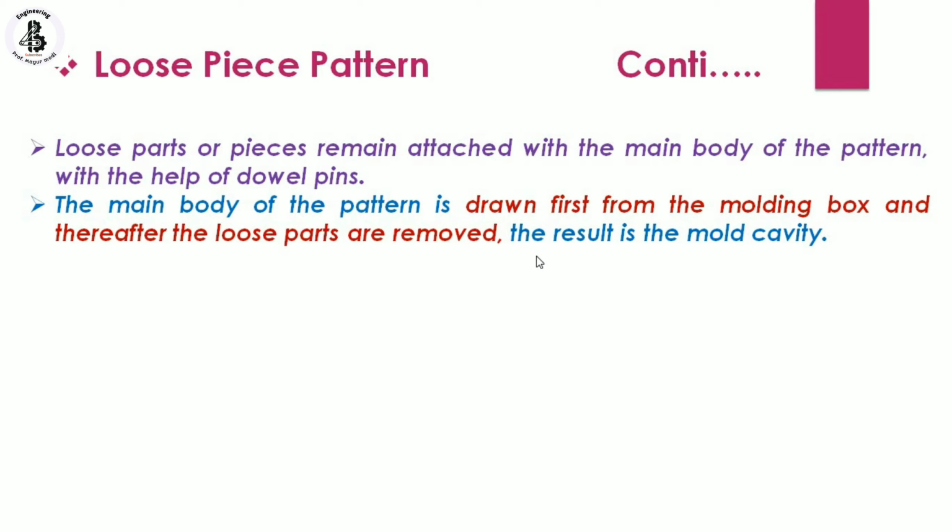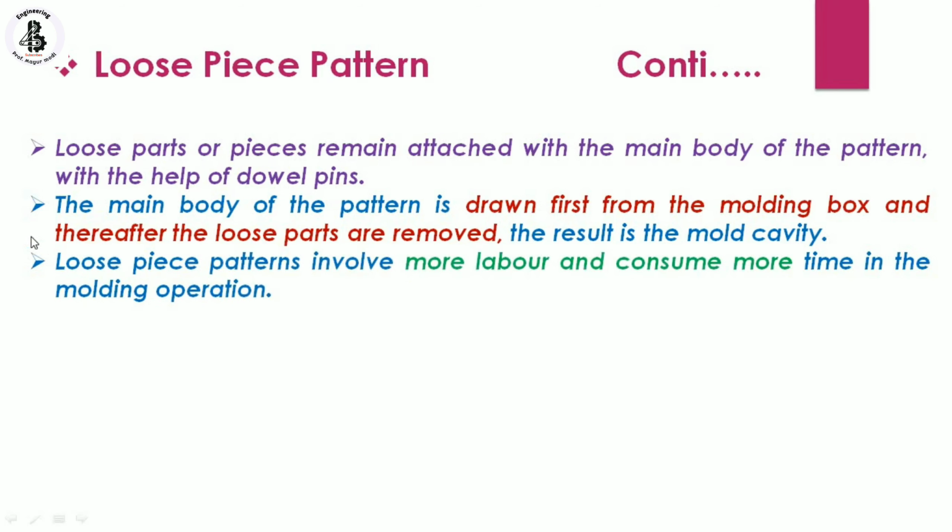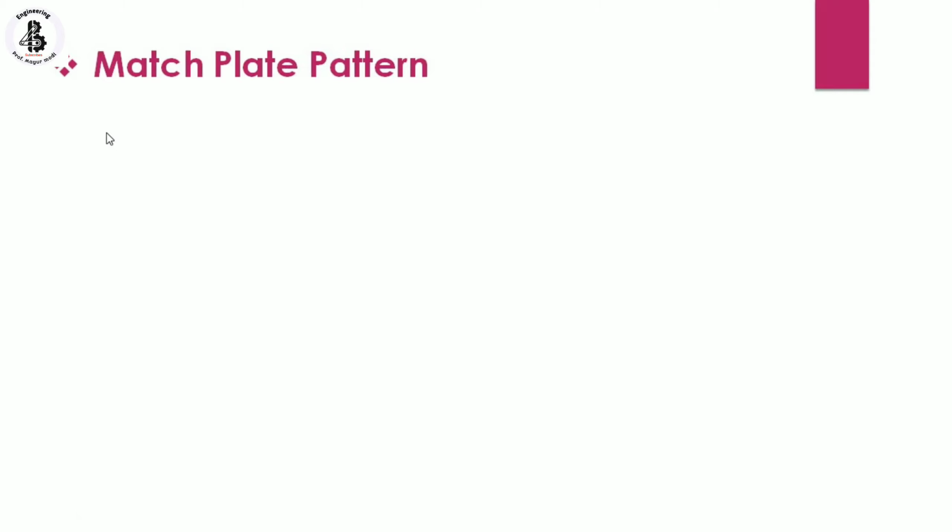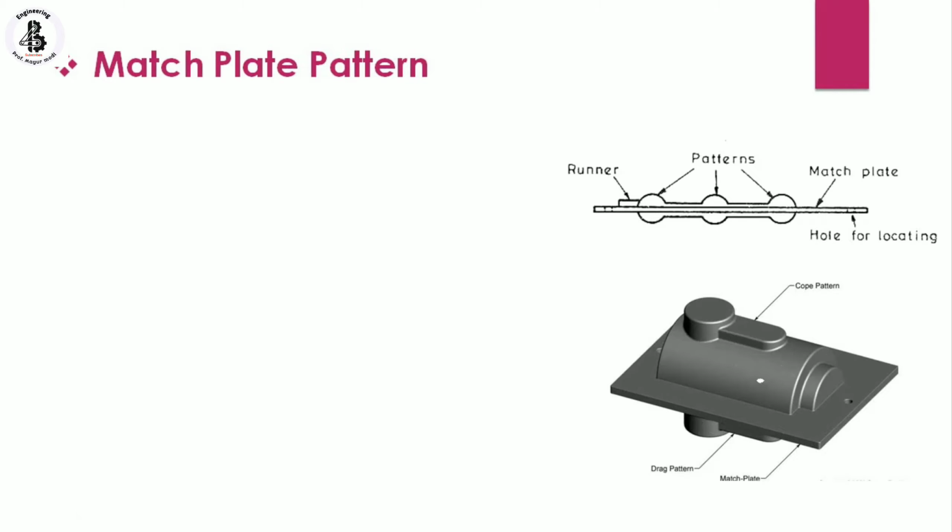So the result will be a mold cavity. So that will not damage the mold cavity, and that will be an easy task for removing the patterns and making a mold cavity. Loose piece patterns involve more labor and consume more time in the molding operations because there will be difficulties. The next one, match plate pattern. So just you can see match plate patterns.